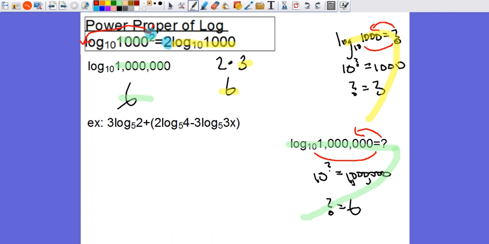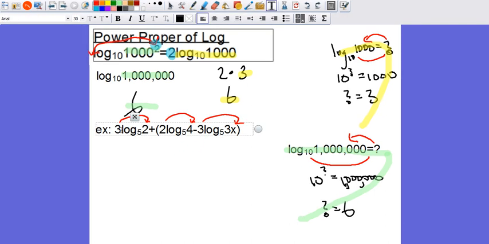All right. Now, I'm going to move that. I'm going to move that. And I'm going to move that. Okay. So as of right now, what I have is this to the power of 3. And this is to the power of 2. And this gets deleted.